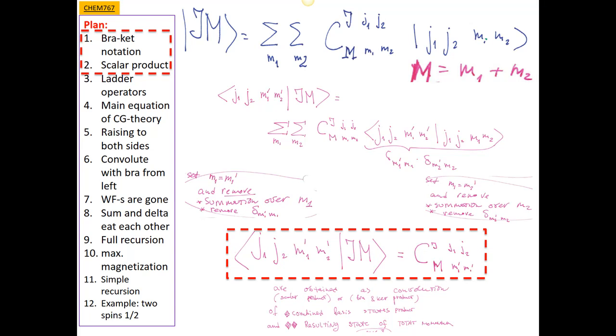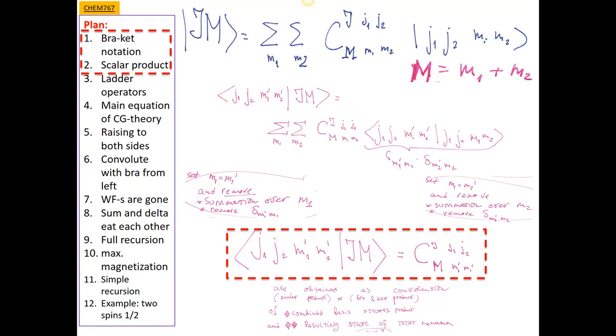Summation over M1 and M2, C with all this enchilada. And here we have J1, J2, M1 prime, M2 prime, J1, J2, M1, M2.